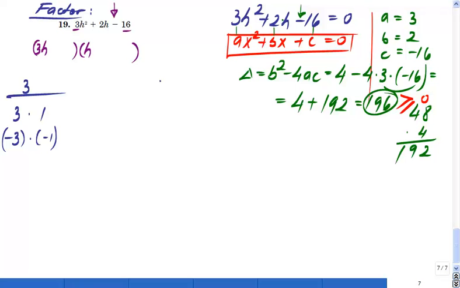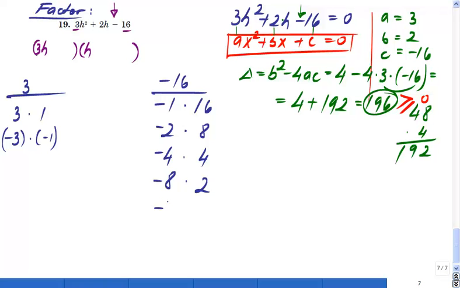I also have to look for factors of negative 16: negative 1 and 16, negative 2 and 8, negative 4 and 4, negative 8 and 2. It looks like I'm going backwards. You can go with negative 16 and 1, right?